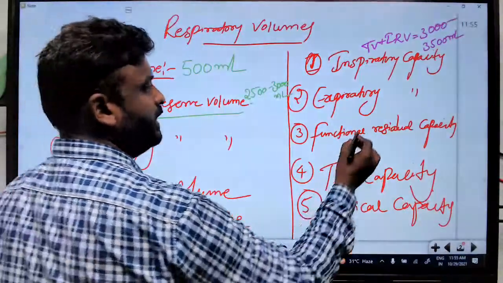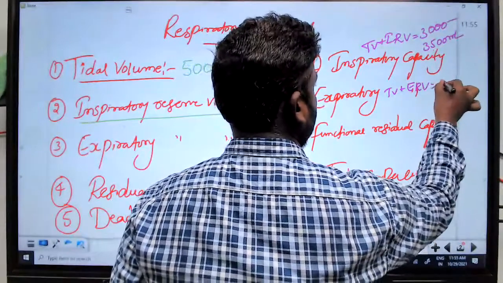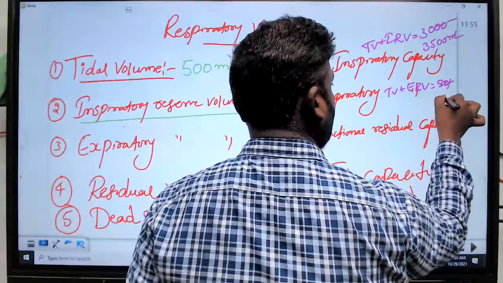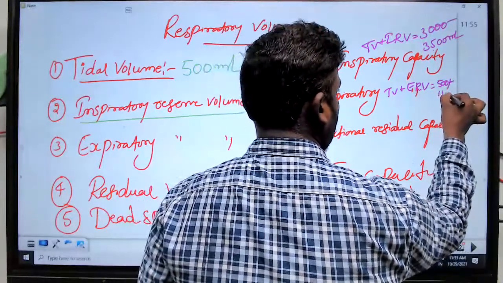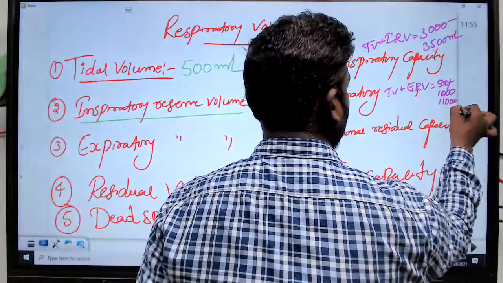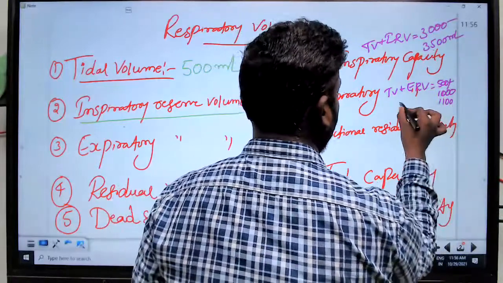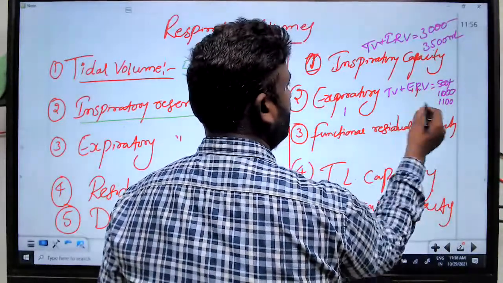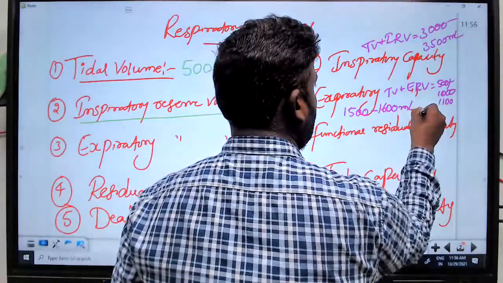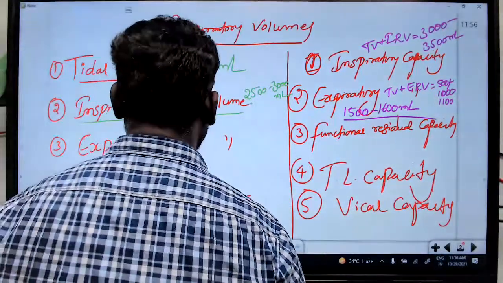Tidal volume is 500 ml plus ERV, which is 1000 ml, another one is 1100. It means almost 1500 to 1600 ml is the expiratory capacity. Got it? Good. And next one.